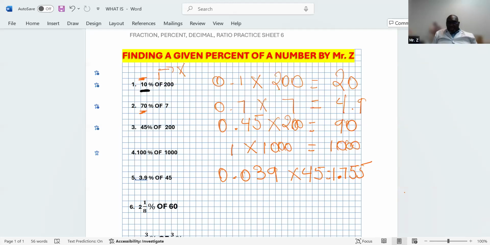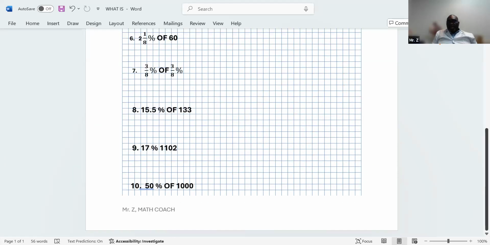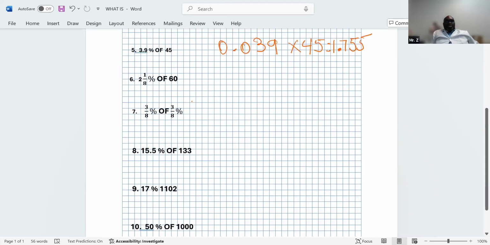Number 6. When you look at number 6, you can go crazy. You can say, what? But it's just to assess how good you are with your mixed number. Remember that it is the percent of everything.